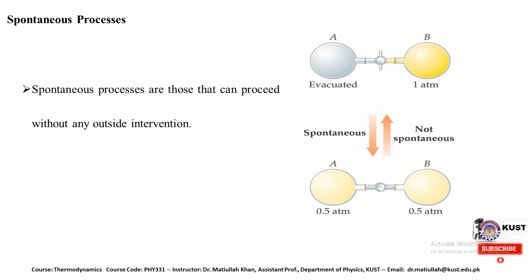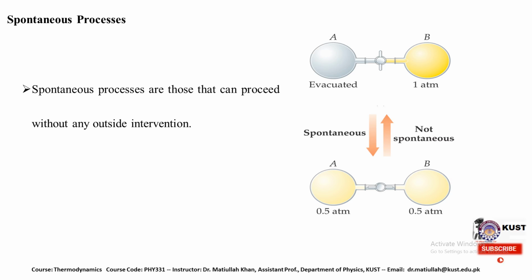The answer is no, because a spontaneous process occurs in the direction of nature, where the gradient is the driving force. But in this case, if you want to evacuate one of the tubes, some energy will be required. So keep in mind, evacuating one of the two tubes is not a spontaneous process.